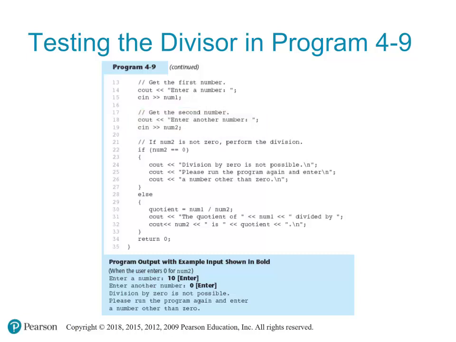So before performing the division, the program checks if num2 is 0. So if num2 is 0, a warning message is displayed. Otherwise, the quotient is calculated and displayed. So this program demonstrates the importance of input validation, especially for operations that can result in errors like a division by 0.